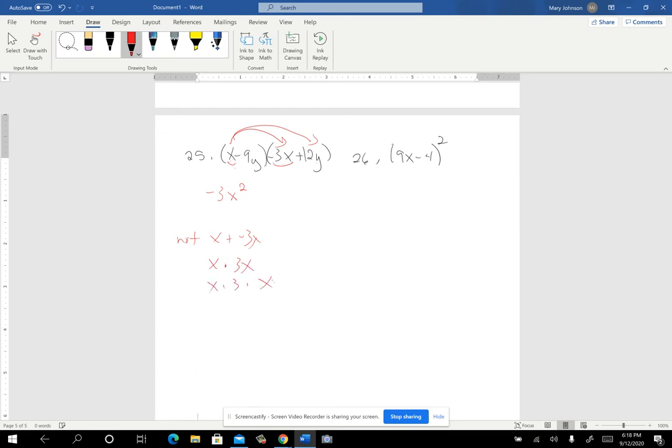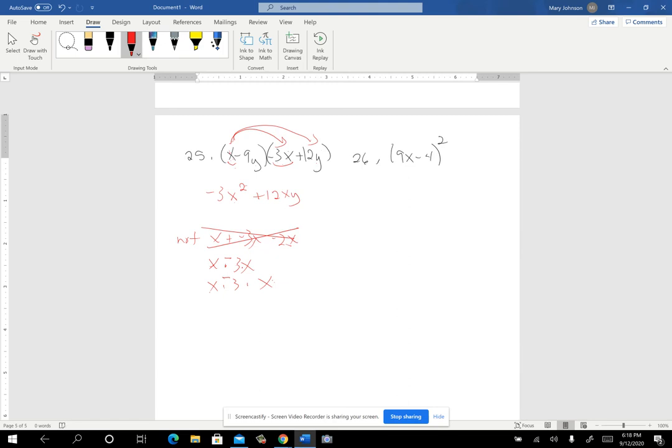There are two x's multiplied together. If it had been x plus negative 3x, yes, that would have just been negative 2x, but that's not what it is. It's really x times negative 3 times x, okay? So it's multiplying, so the exponent does become x to the second. Then we do x times 12y, and we just get a 12xy.